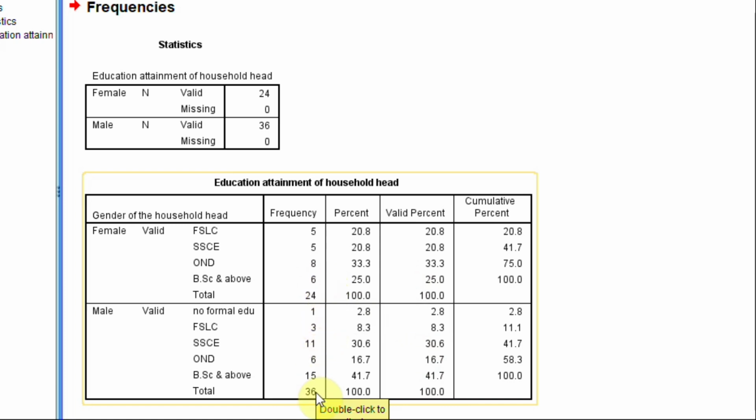Well, of course, the numbers are not the same, but we may want to check the percentage instead of using the frequency here. All right, so 25% of the female only have BSc and above, whereas 42% of male have BSc and above. All right, so these are things you can do with split data.